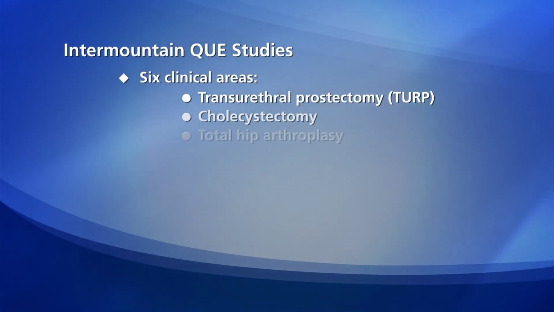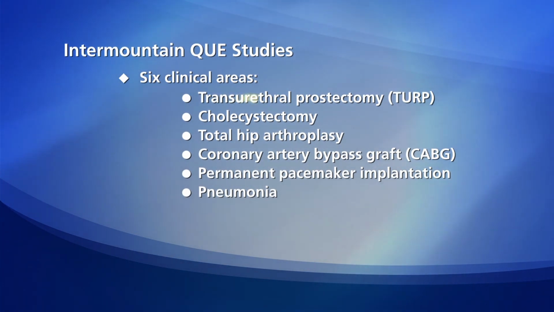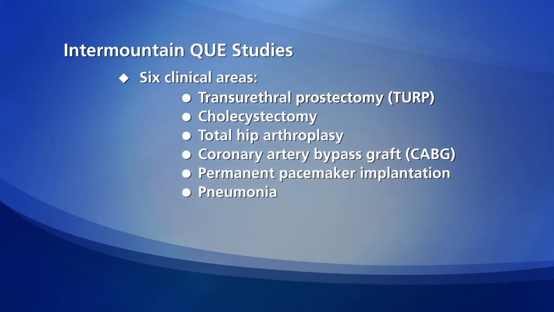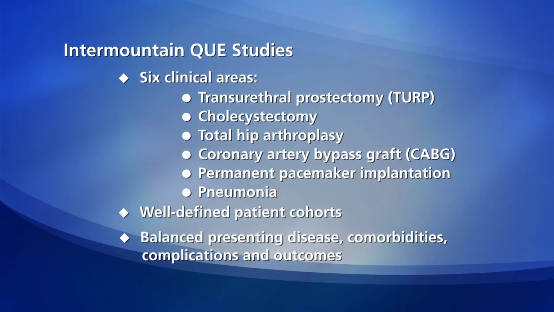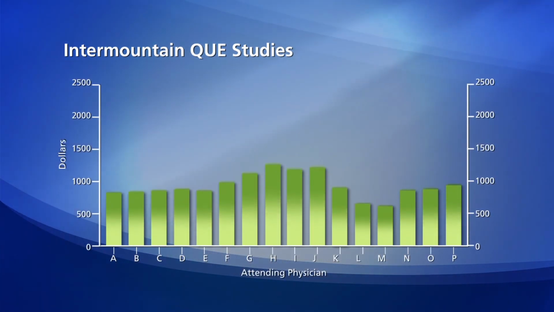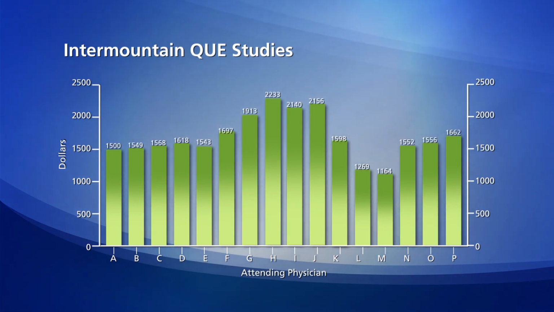Just to illustrate with some of the examples that we've used in other parts of the course, remember those quality, utilization, and efficiency studies that we shared with you? The first one that we examined in detail was for transurethral prostatectomy. Within that, after very carefully balancing across patients, so it was a fair comparison, same patient in, same patient out so far as we could tell, we showed more than 100% cost differentials across a group of 16 urologists.